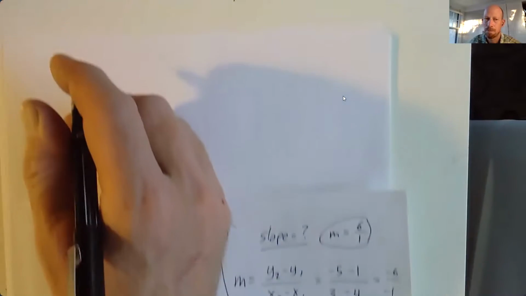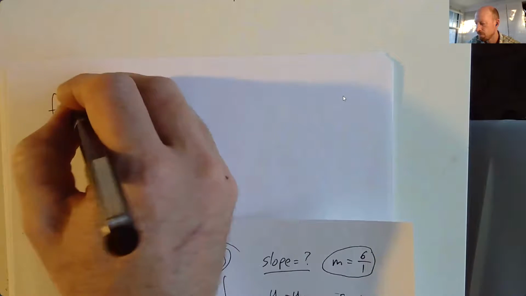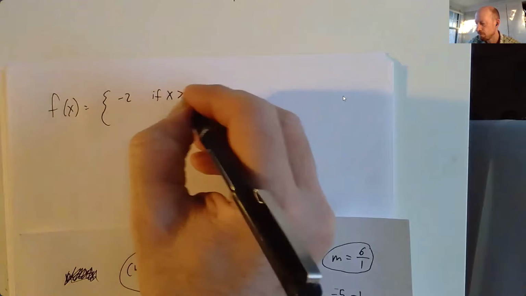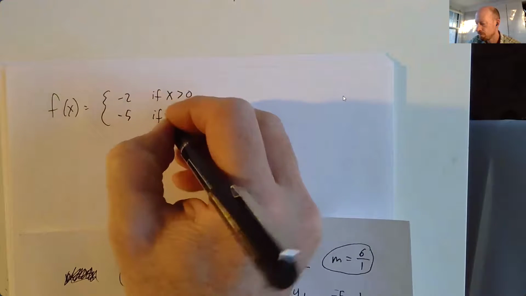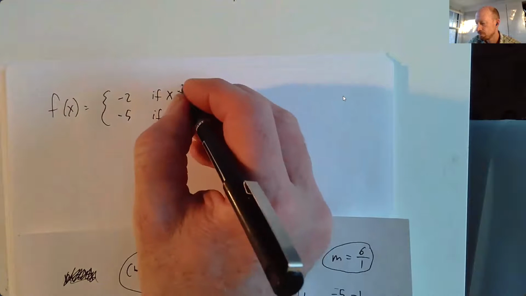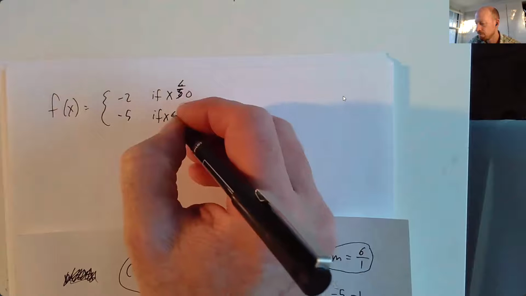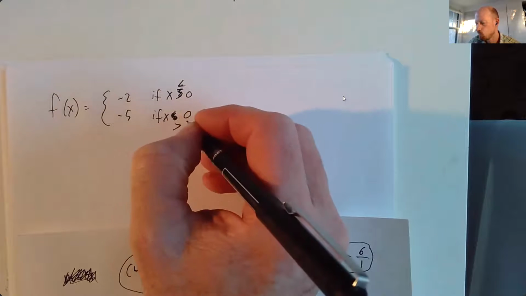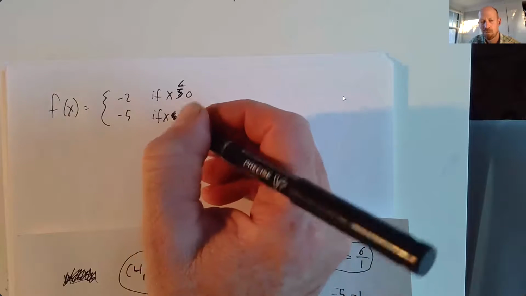It was -2 if x is less than or equal to 0, and underneath it says -5 if x is greater than 1. And it wanted you to put in a point or something, and that was what I was having a problem with.